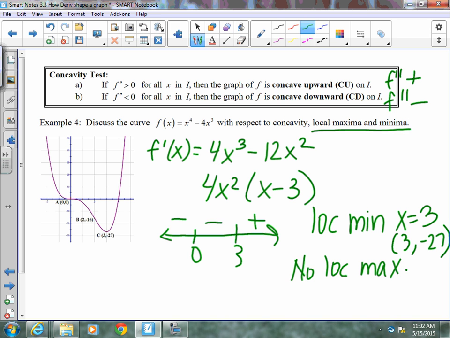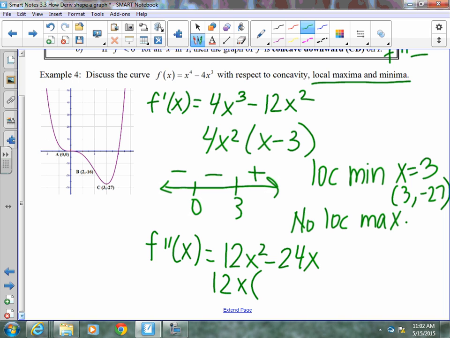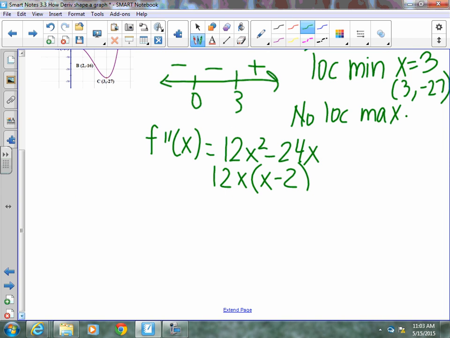Now, when it comes to concavity, we need the second derivative, which would be 12x squared minus 24x. We end up with a GCF of 12x, and our critical values are 0 and 2.